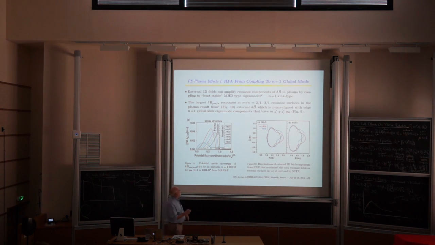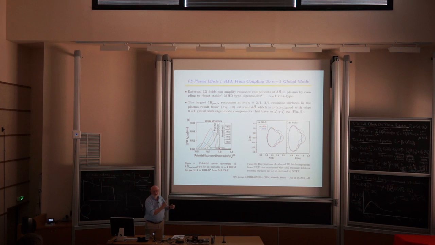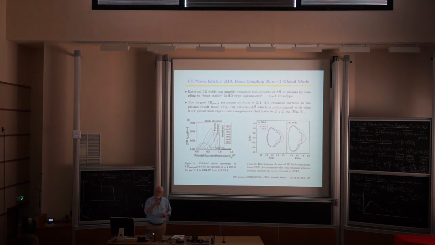That is to say, they're coupling to the m equals 7, n equals 1 mode out here in order to affect the 2-1 mode, the green curve in here. But that's because the eigenmode is an n equals 1 eigenmode, but poloidally the structure is lower m in the core and higher m in the edge.